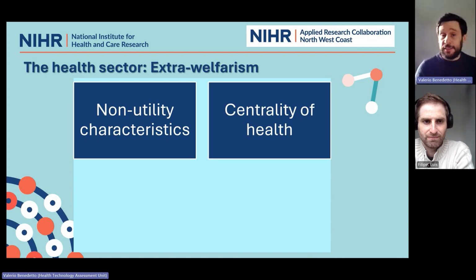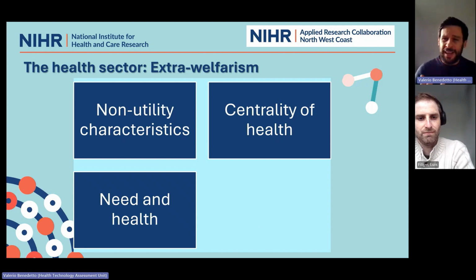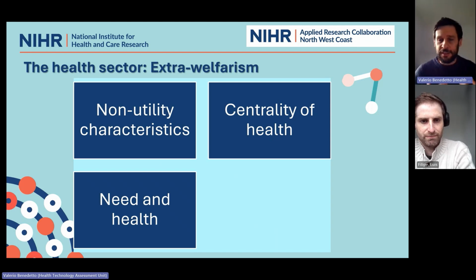Health will be central in an extra-welfarist approach applied to the health sector, of course. And what we are going to focus on here is need and health. In a welfarist approach, we were focusing on demand. So people will have a certain demand for specific goods or services.